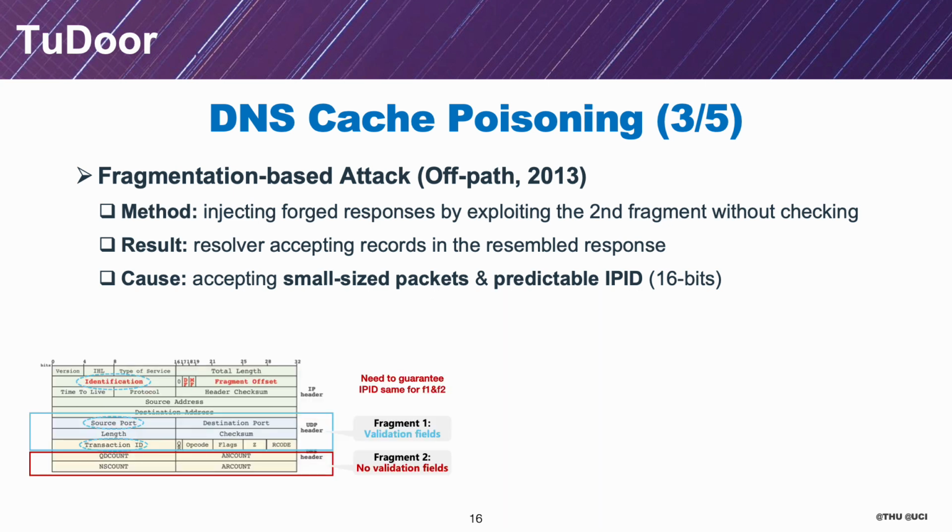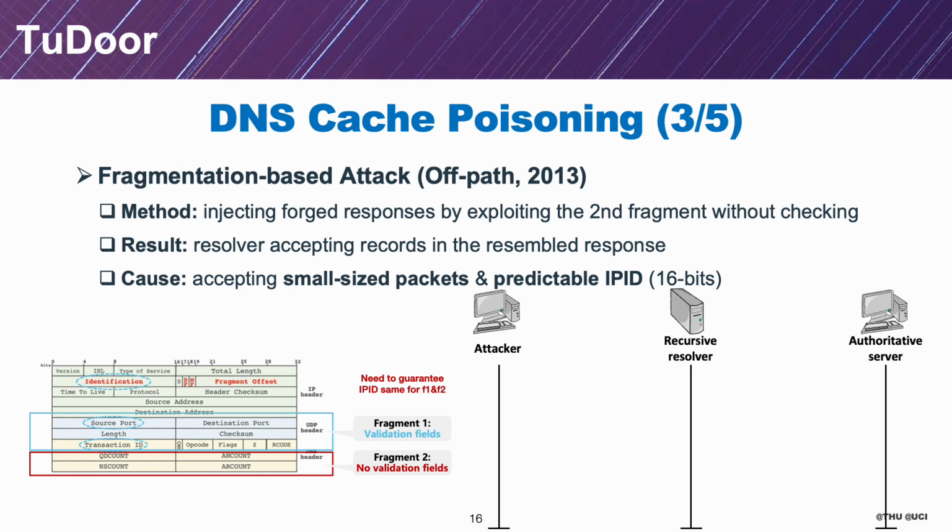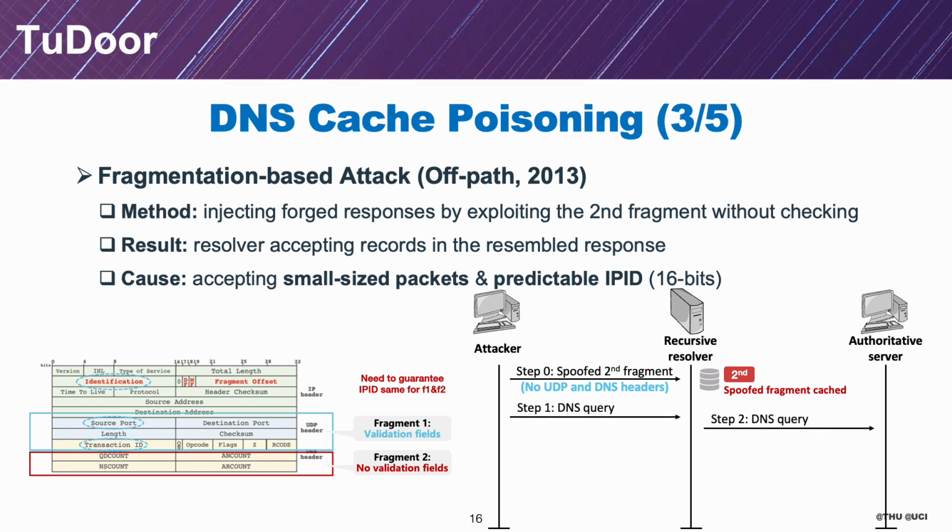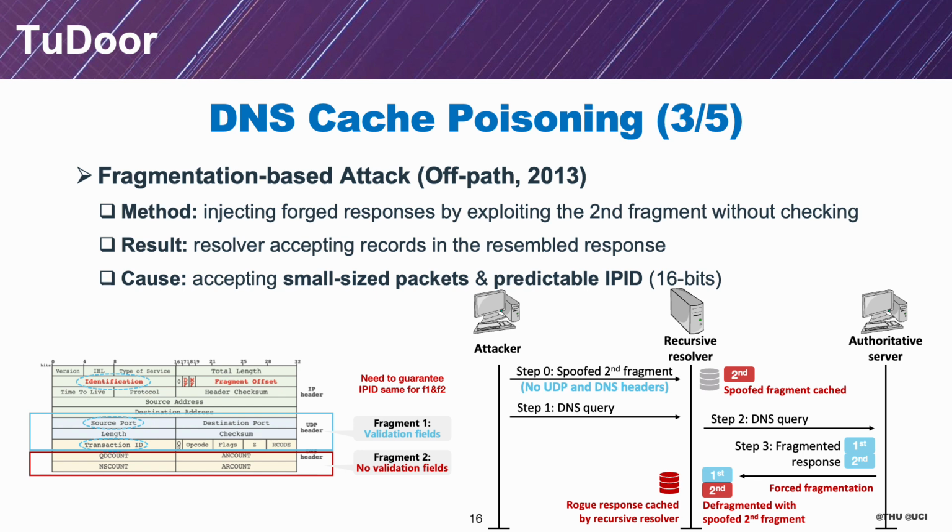So after the target resolver sends out the query, the attacker forces the fragmentation on the authoritative server and sends forged fragment 2 to the resolver. Then the resolver will reassemble the legal fragment 1 and the rogue fragment 2. Then the forged response will be cached.